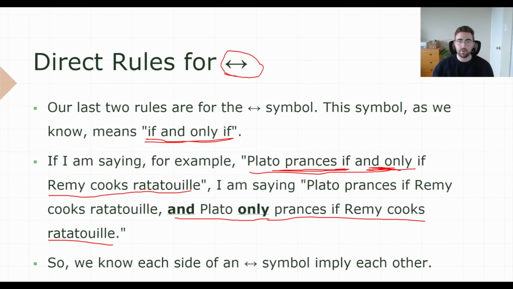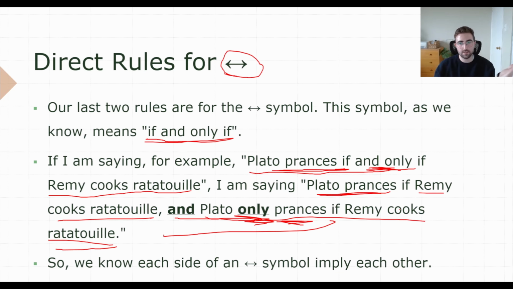So what this is saying is that, if Plato prances, then Remy cooks ratatouille, right? Because the only times Plato prances are if Remy cooks ratatouille. But it's also saying that, anytime Remy cooks ratatouille, Plato prances. So it's saying, if Remy cooks ratatouille, then Plato prances.